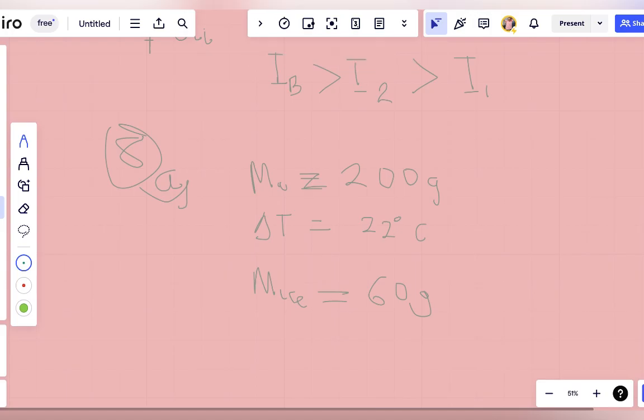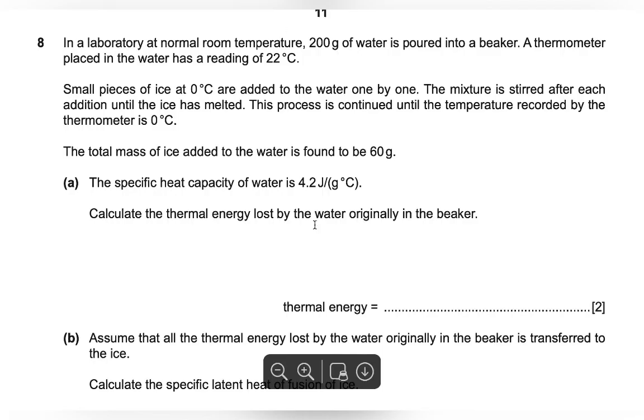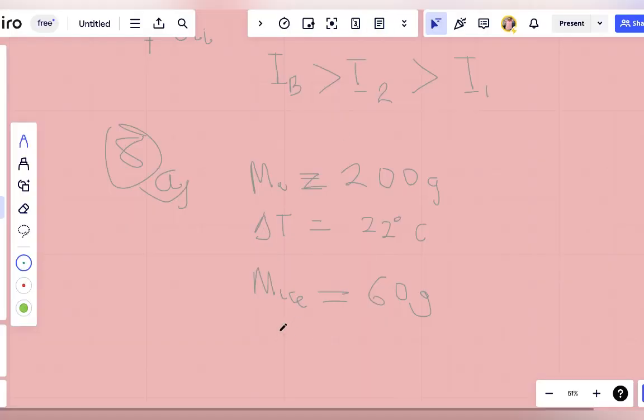Now let's take a look at the next data. The specific heat capacity of water is 4.2 joule per gram per degree Celsius. So we don't need to convert the mass. If this was in joule per kilogram per degree Celsius, we would have to convert this mass to kilogram by dividing by 1000. But this one is already in joule per gram, not joule per kilogram. So we leave the mass as gram. Let's write the specific heat capacity.